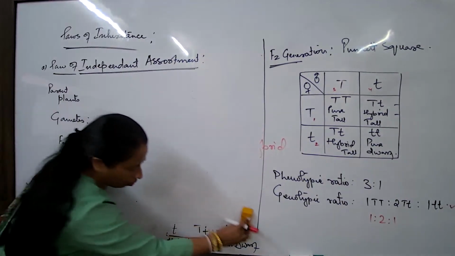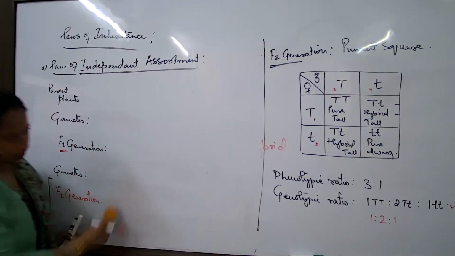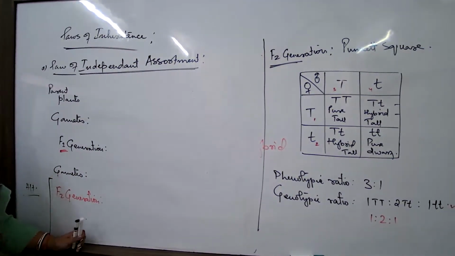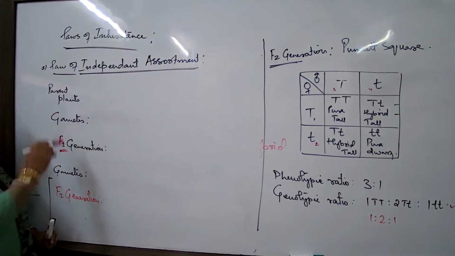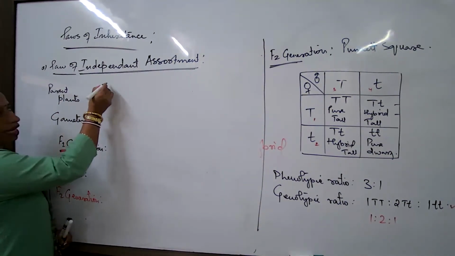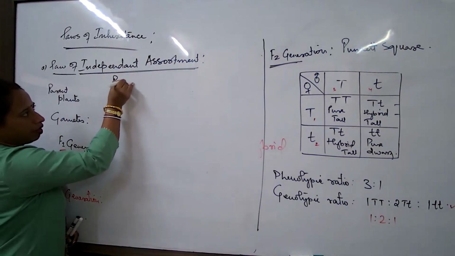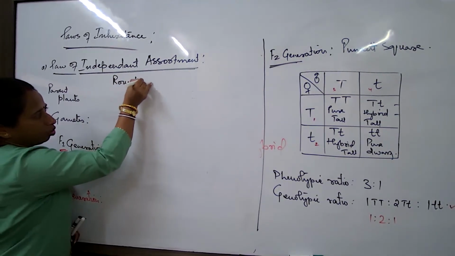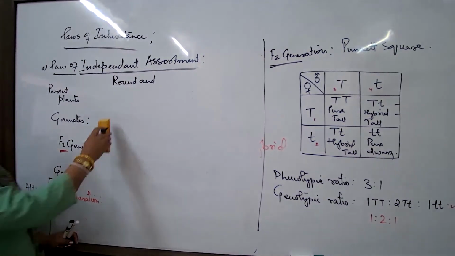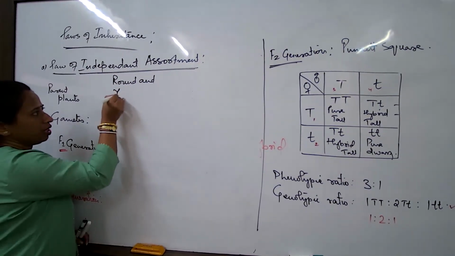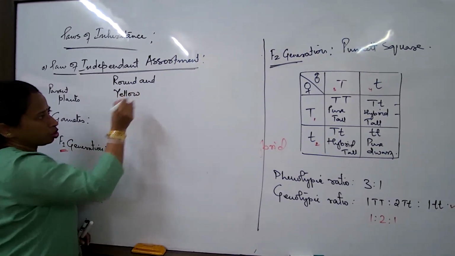So let us see how. Here, what are the typical Mendelian traits that we have to study? Parent plants, same like this. Parent plants, we will take round and yellow, or yellow and round. Let me take yellow and round. Or same way, you can write in any sequence, not a problem.